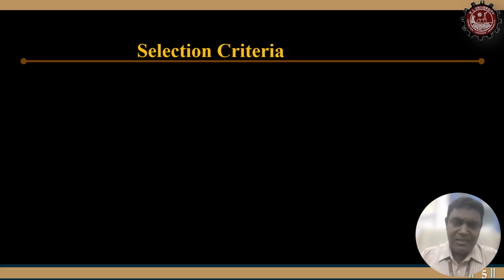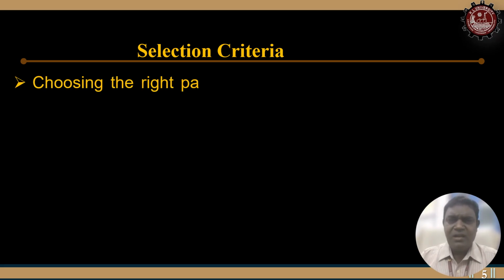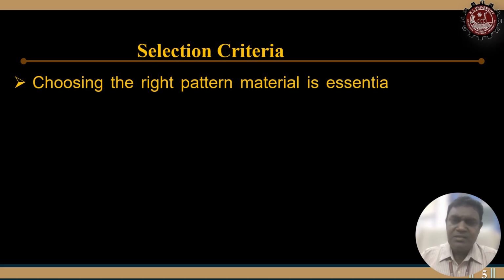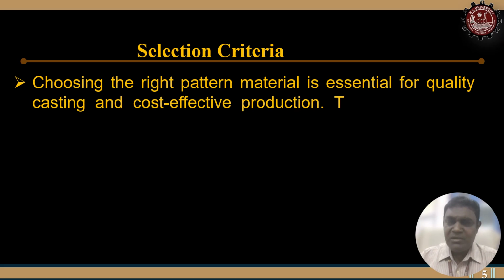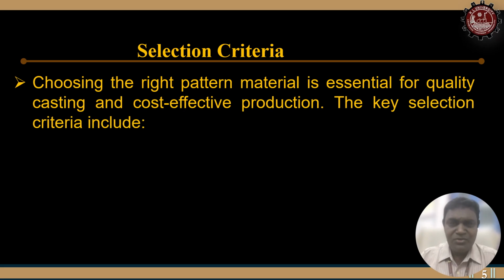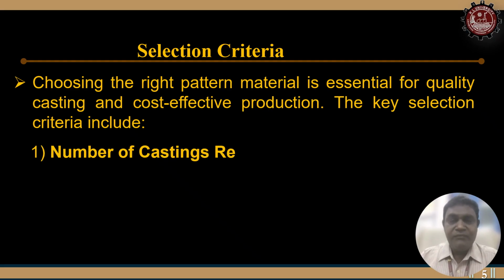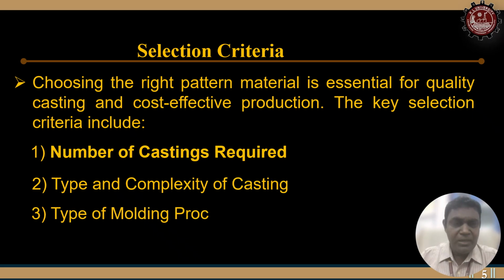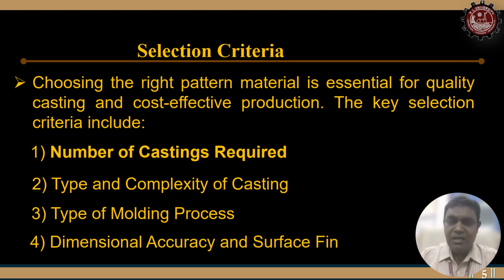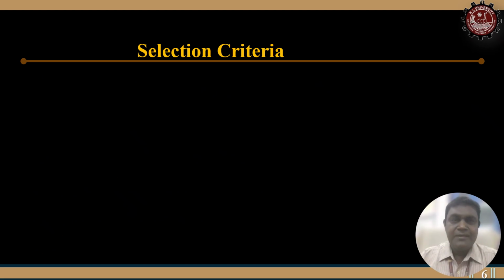So what is the selection criteria? There are several selection criteria, and I am explaining the important ones in this video. Choosing the right pattern material is essential for quality casting and cost effective production. The key selection criteria include the number of castings required, type and complexity of casting, type of molding process, dimensional accuracy, and surface finish.